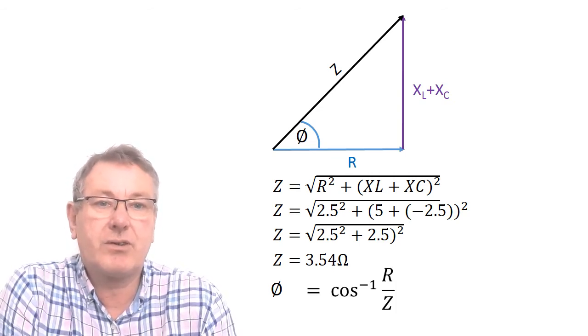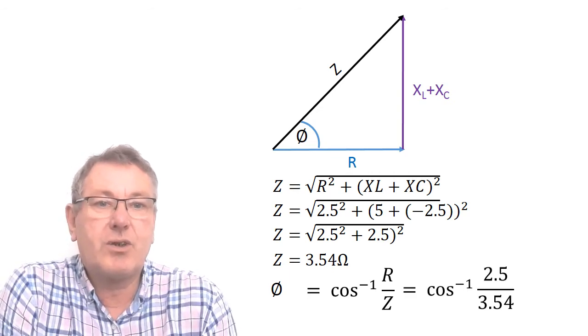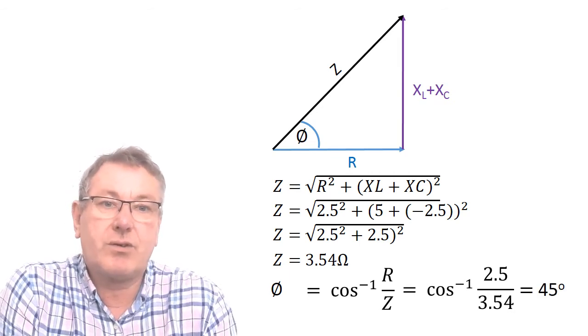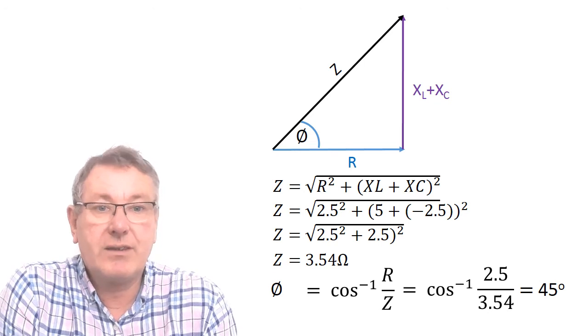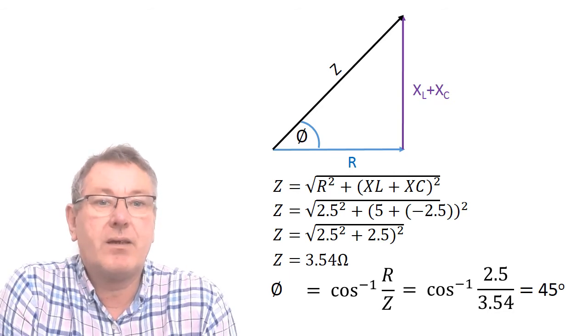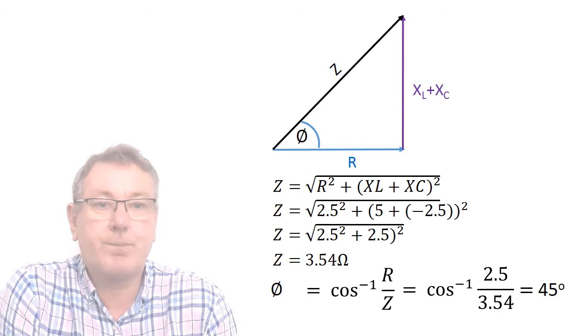So the inverse cosine of resistance divided by impedance, which equals 2.5 divided by 3.54, which equals 45 degrees. So in this circuit, overall, the current is lagging the supply voltage by 45 degrees.